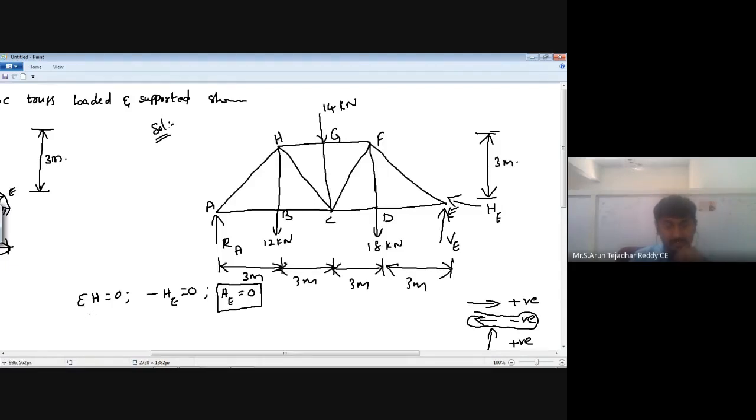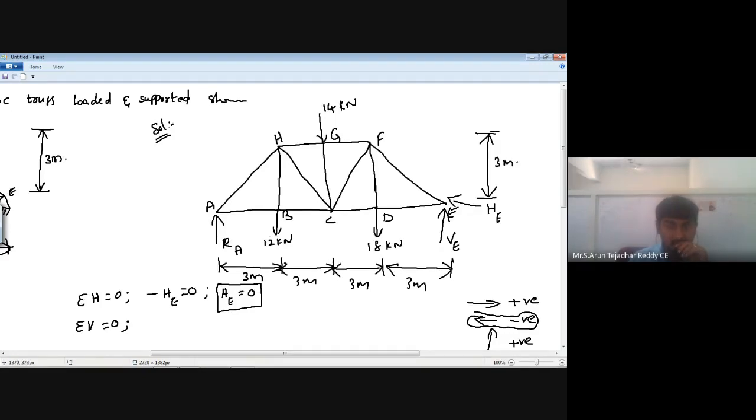Next, apply another equilibrium equation: summation of vertical forces is equal to 0. Observe how many vertical forces are acting here.